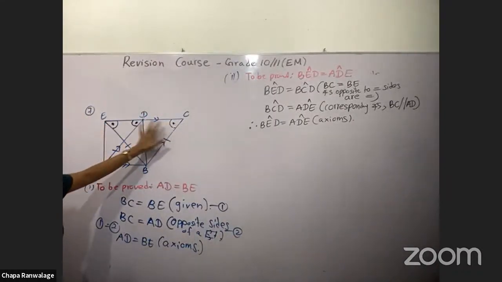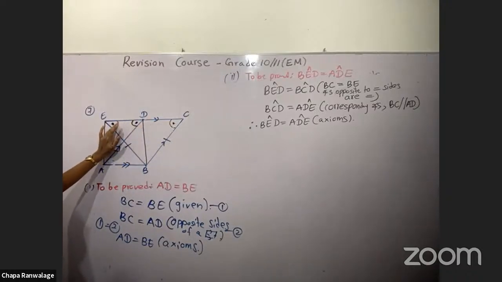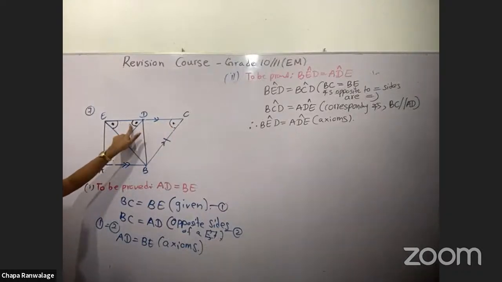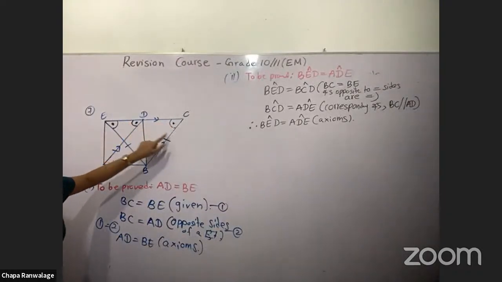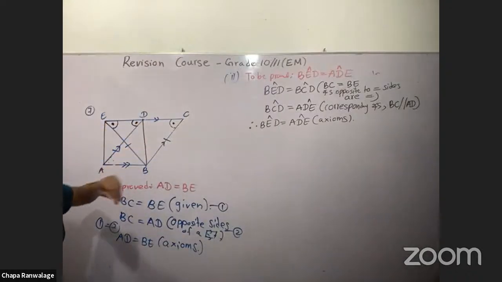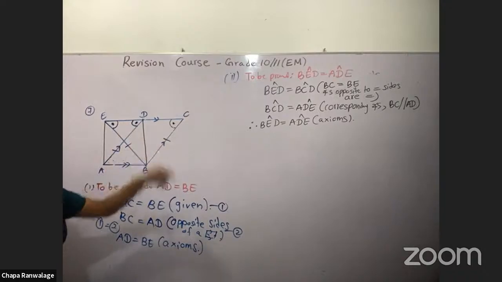The angles opposite to equal sides are equal. And this one is equal to this one because these two are parallel, so these two are equal because of the corresponding angles. Now by considering this figure or using the axiom, you can say these two are equal.